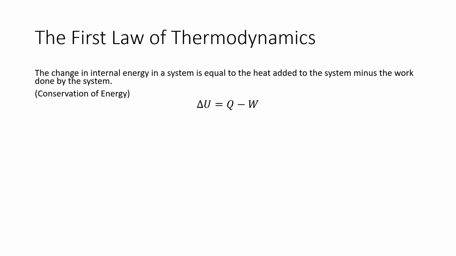This is essentially the energy equation we had a long time ago. This is conservation of energy. So delta U right there, that's just saying change in energy. Let me say it again, I should say change in internal energy. That's a better way. Q is heat.